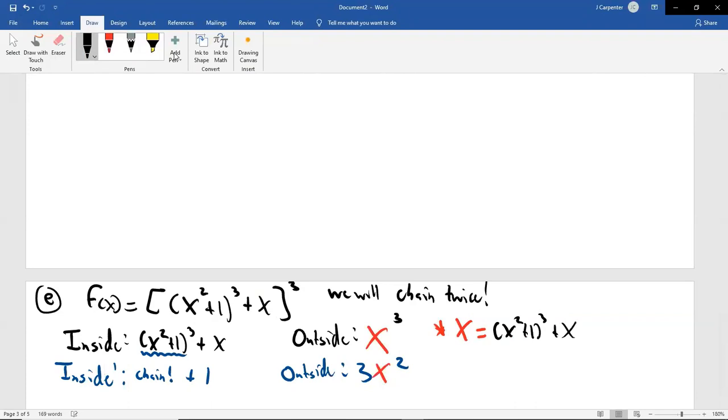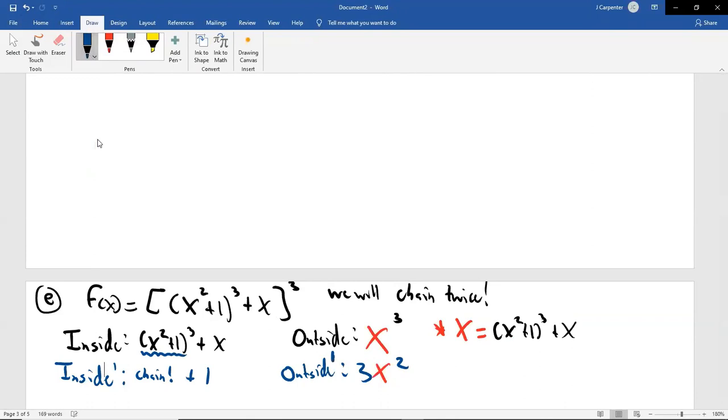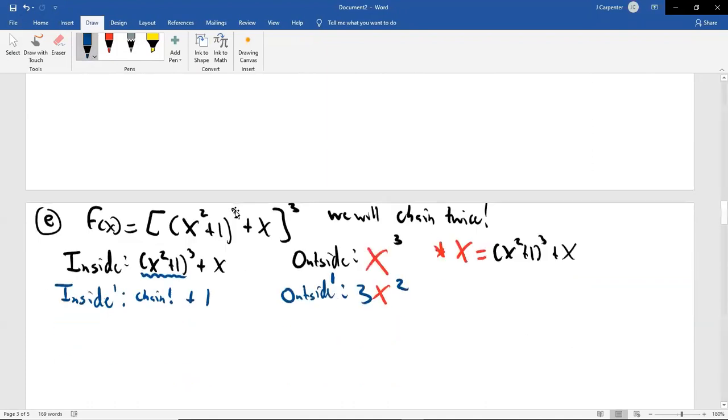It feels weird saying x equals this thing because that can't be true, right? X can't be something more than x. But again, it's just showing a substitution that happens later. I also did not write the derivative for the outside part here. I wrote outside, not outside derivative. Make sure you write your derivatives. Outside is black, the blue is the outside derivative.